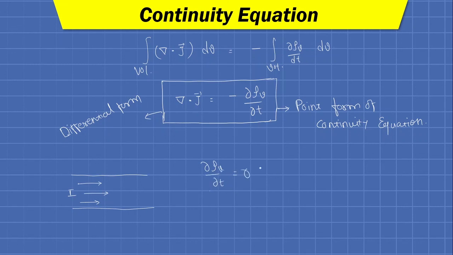Fine. So if del rho v by del t is 0, at that time the divergence of current density will also be 0. Okay, so for steady currents, the divergence of current density is 0, because for steady currents we do not get any non-zero value of the time rate of change of the volume charge density.